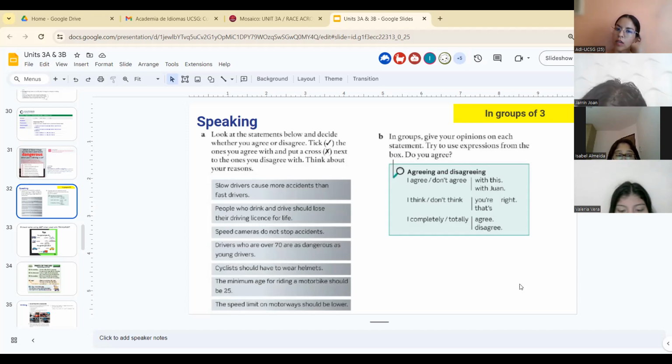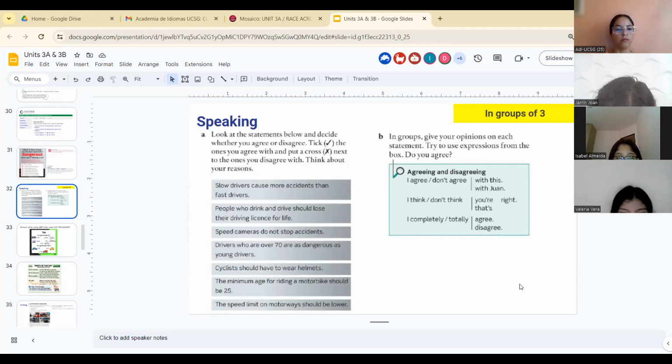Mm-hmm. Yes. These bad habits can cause big troubles. So you can even run over someone and you can go to prison. So yes, you should be careful when you are on the roads.